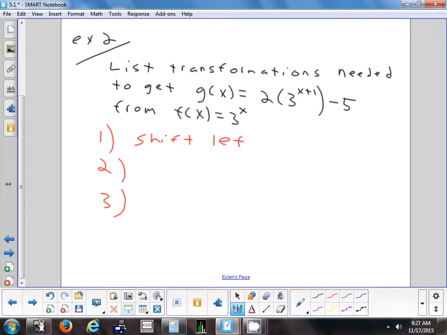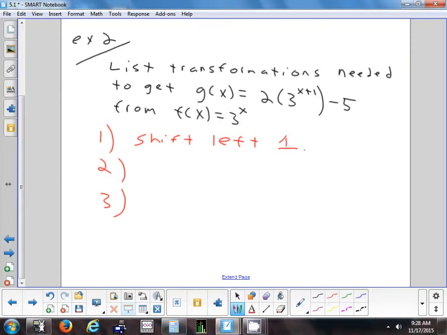Make sure you say which direction and how much. Left 1. Don't write shift left negative 1. That's confusing. Either shift left 1 or shift right 1. In this case, shift left 1. This takes care of it being negative, saying left. All right, second step.